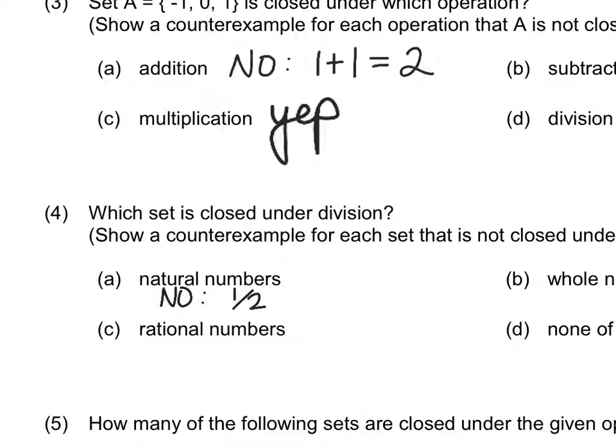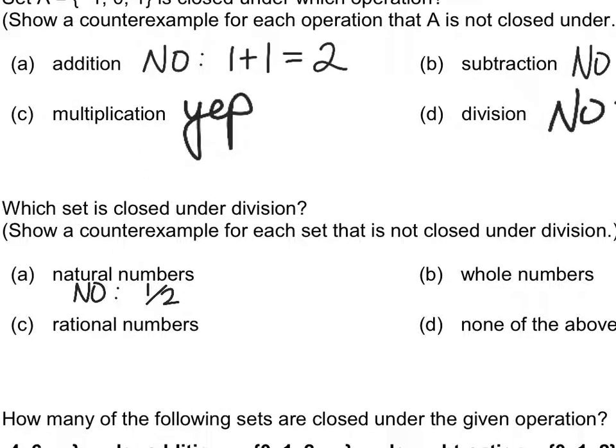Anything that gives you something other than a natural number. The natural numbers, also known as counting numbers, start with 1 and increase by whole number values from there: 1, 2, 3, 4, 5. If you can count it, it's a natural number. Whole numbers are the natural numbers but also include 0. So our conclusion for natural numbers should be exactly the same as for whole numbers, because that counterexample still works.